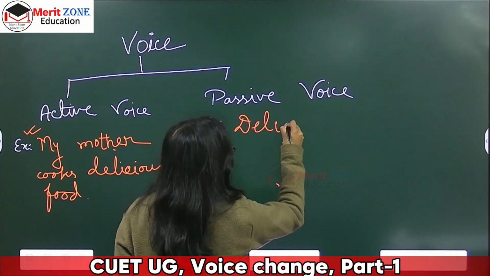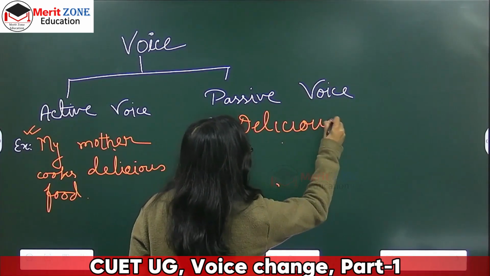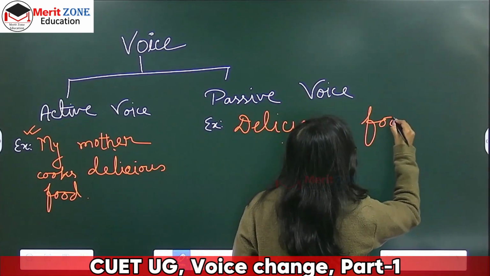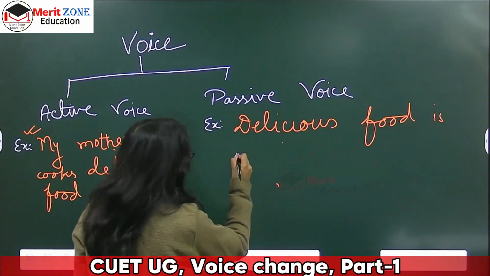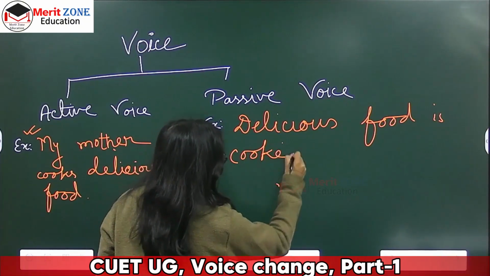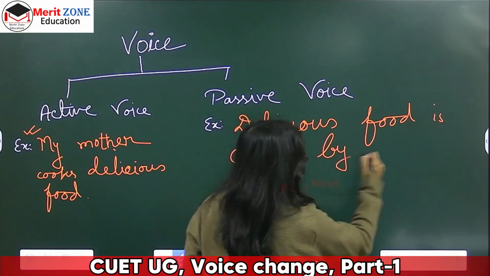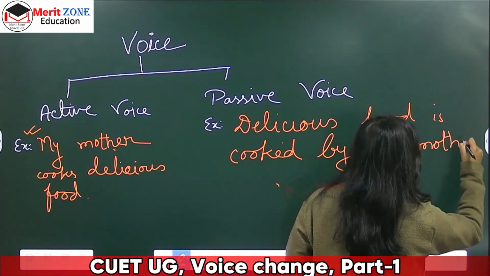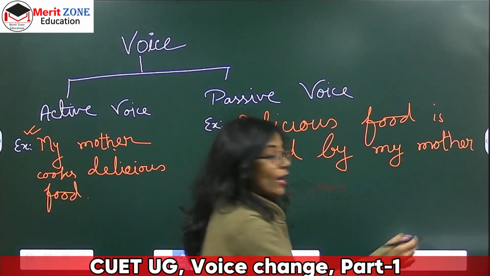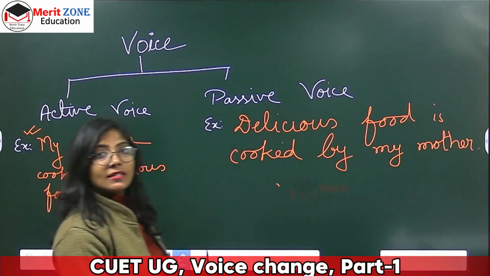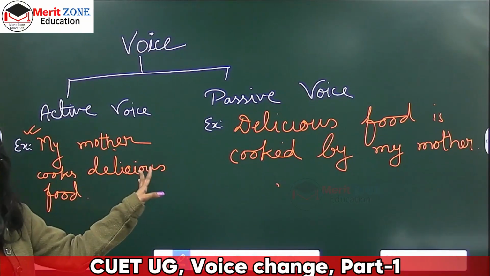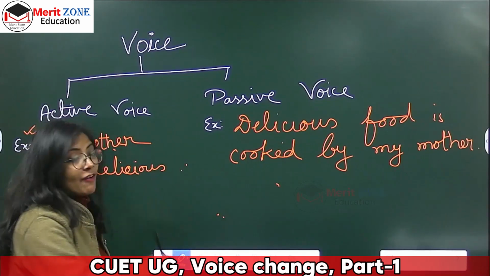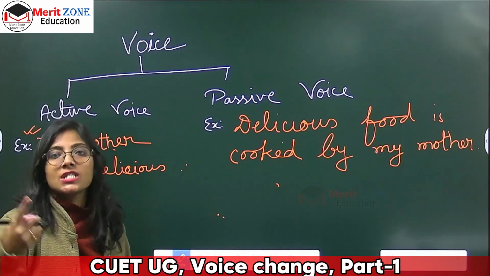Delicious food is cooked by my mother. Right. So now both of these sentences, they convey the same meaning, but they have different approach in its formation.